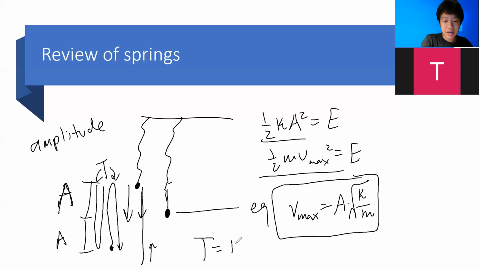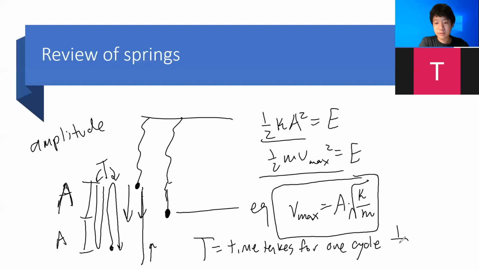The period is the time it takes for one cycle. Okay, and then similarly, the frequency, which is equal to 1/T, is equal to the number of cycles per second. All right, so all of these things are review.